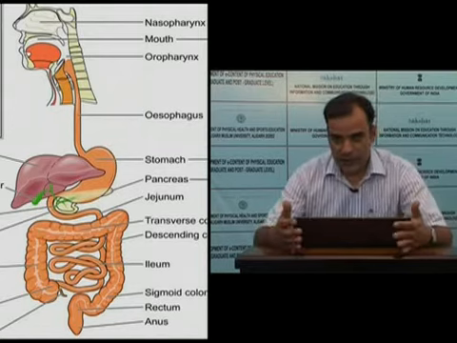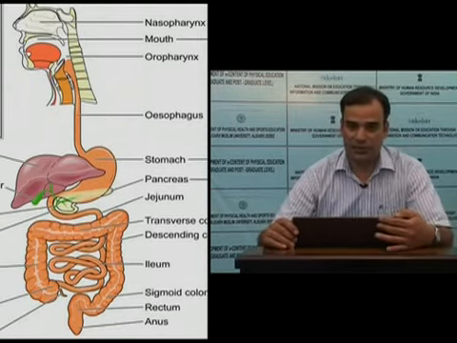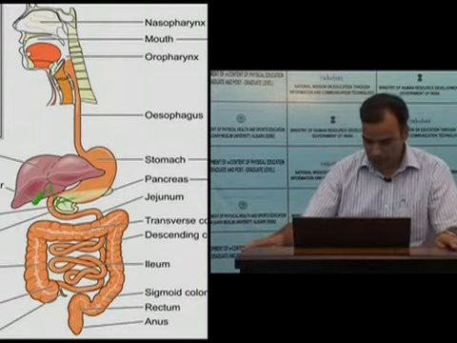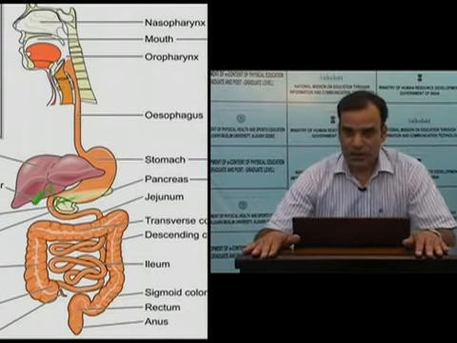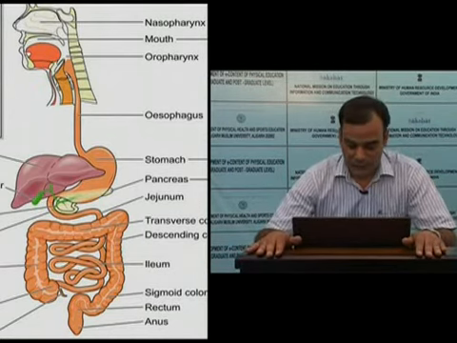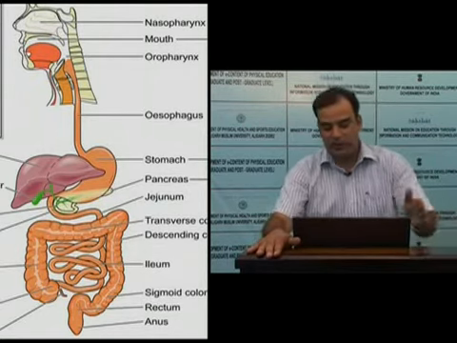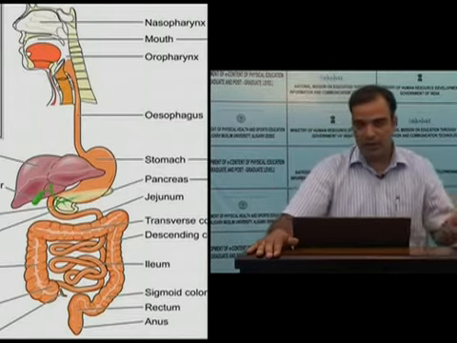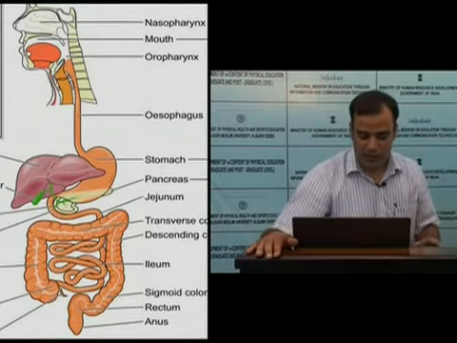Now, after the movements, let us discuss the different secretions of the gastrointestinal tract. Starting from the mouth, in the mouth we have a secretion called saliva. This saliva comes from the glands called the salivary glands. These salivary glands, I have already said, are the accessory glands of the digestive system.